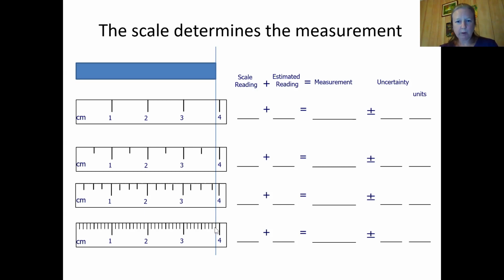So I'm going to say 3.9. But remember, my minor is 0.1, so my uncertainty is 0.01 centimeters, right? 2 decimal places. If I say 3.9, that's not correct. Because 3.9 does not have the same number of decimal places as my uncertainty.